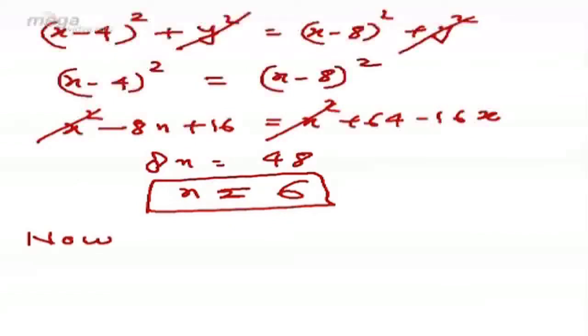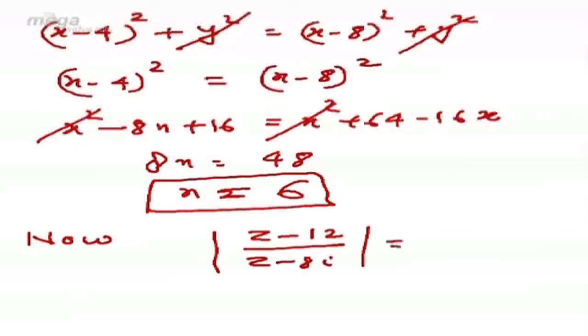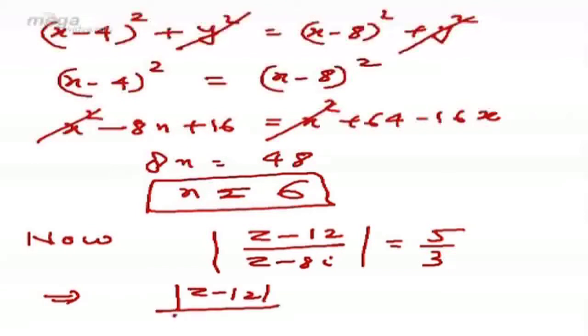Now to find out y, you will use the first equation, that is mod of (z minus 12) upon (z minus 8i) is equal to 5 by 3. First we write it in the same way as we did in the last equation: mod of (z minus 12) divided by mod of (z minus 8i) is equal to 5 by 3. Now 3 into mod of (z minus 12) is equal to 5 times mod of (z minus 8i).